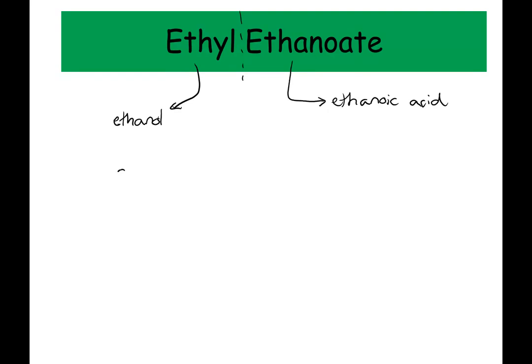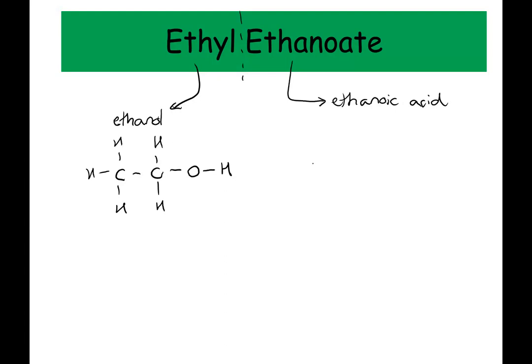And if I draw those out, ethanol, 2 carbons, and it's an alcohol, so it's got an OH in it. And then all of my carbons need 4 bonds, so I'm just going to complete the rest with hydrogen.